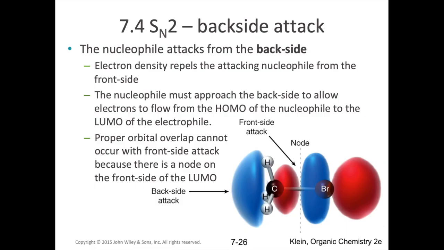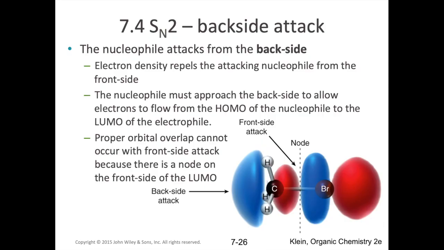Now, you could look at that from a stereochemistry standpoint or from a steric standpoint, saying your leaving group's just occupying that space. There's no way for that nucleophile to access that alpha carbon from the same side as your leaving group. The other way to look at it is using a molecular orbital standpoint.